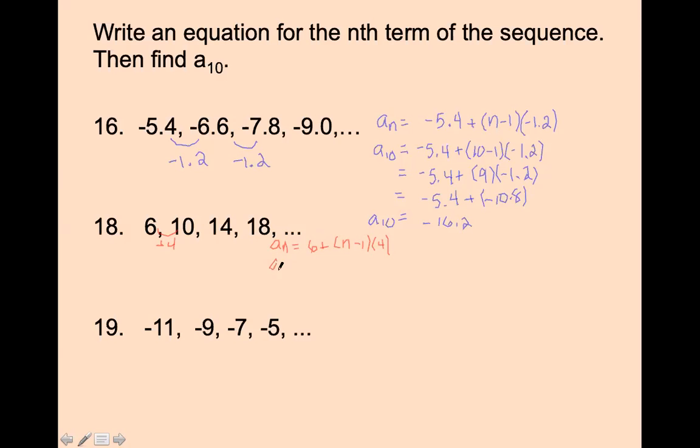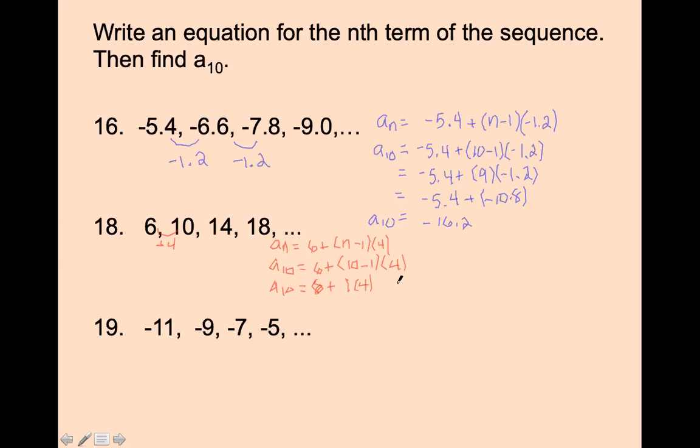Our 10th term, therefore, is going to be 6 plus 10 minus 1 times 4, which is 6 plus 9 times 4.